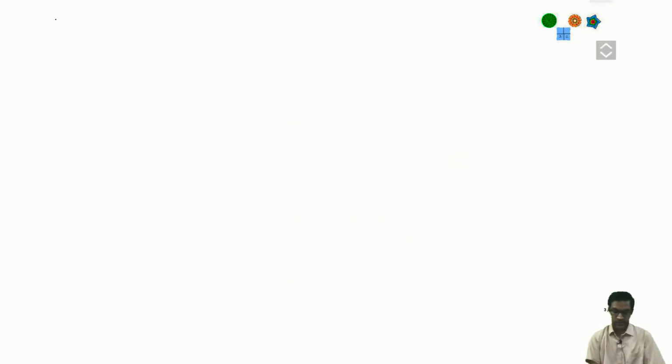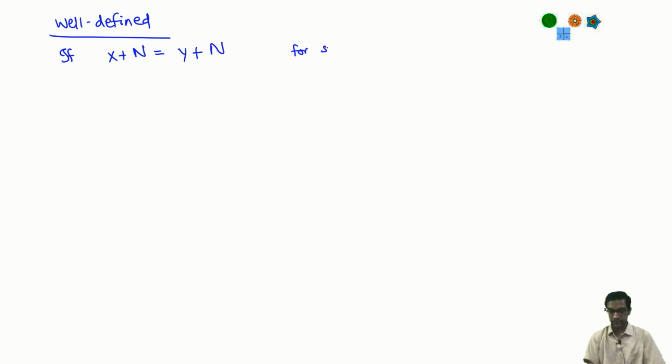So here's the first thing. Let's check that this definition is well defined. So what should we do? Well-definedness means checking the following. Suppose two different representatives, two different elements x and y, give rise to the same coset.